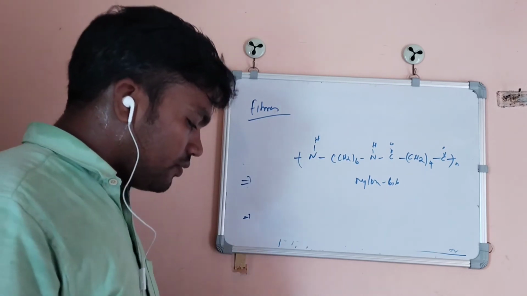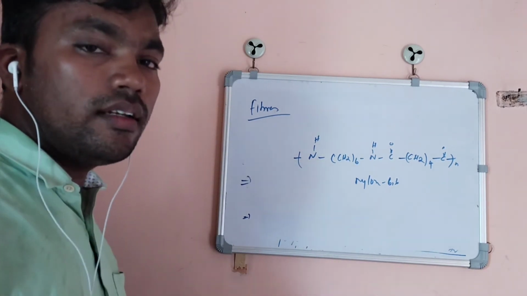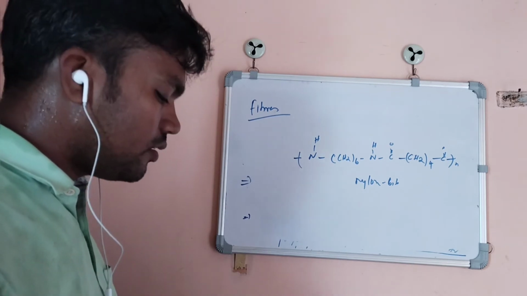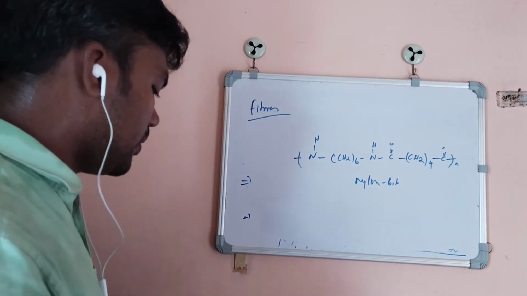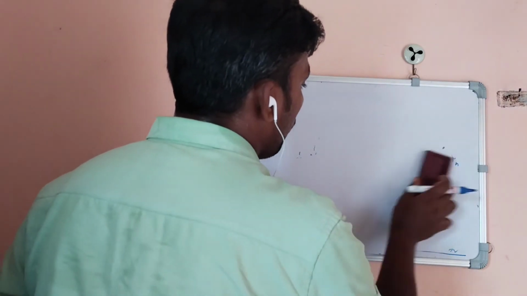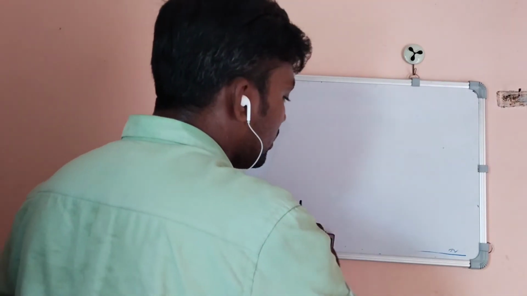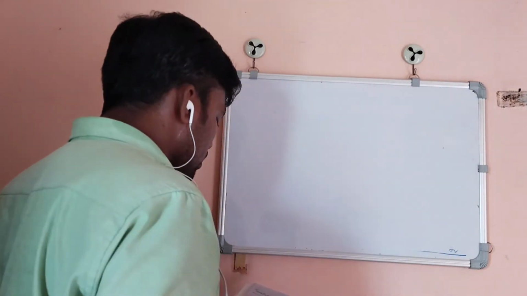Okay, we have seen elastomers and fibers. Next we are going to see thermoplastic polymers. What are the examples for thermoplastic polymers and their properties? We are going to learn now.